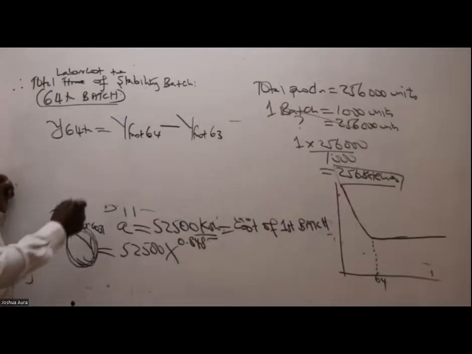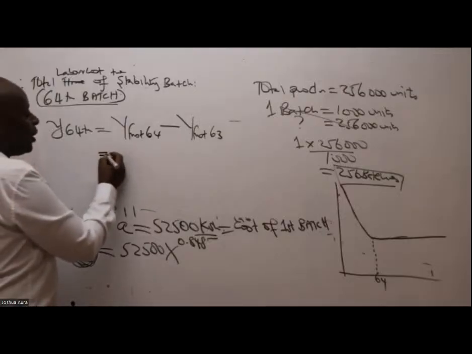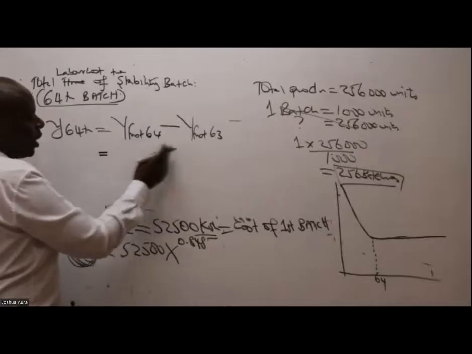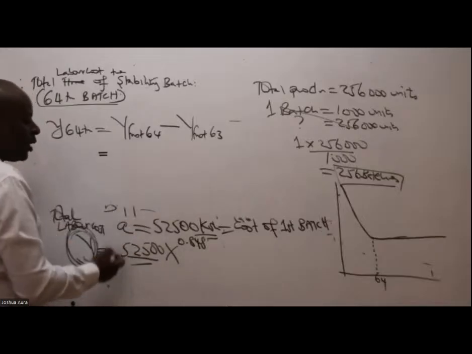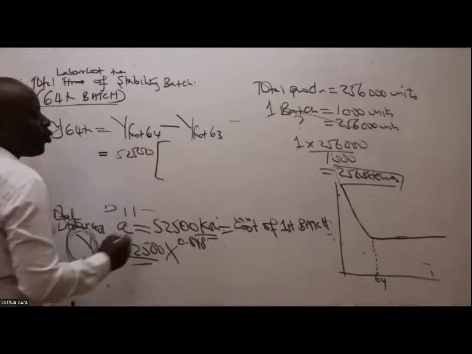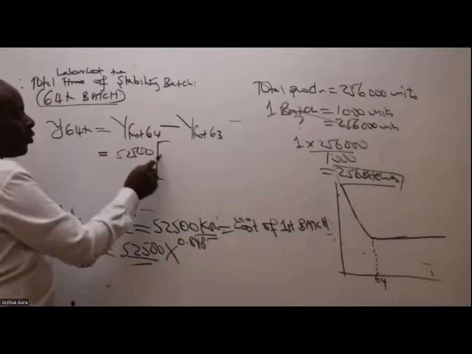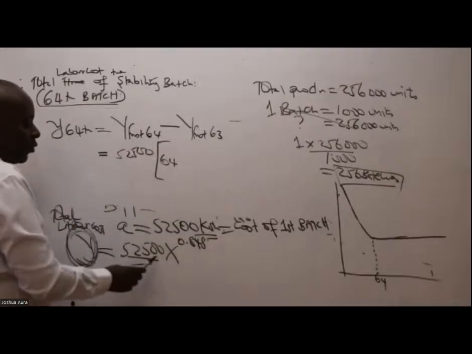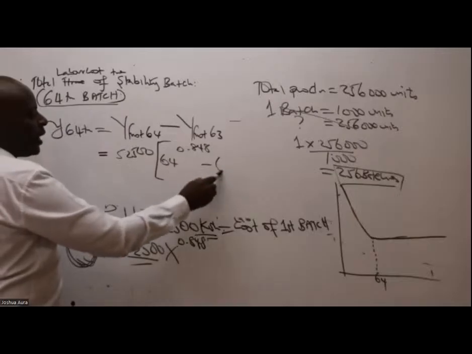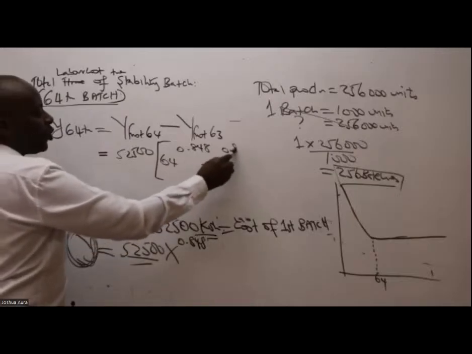So then, ladies and gentlemen, listen to me very well. In this case, y first 64 minus y first 63, I'll put my a outside. My a is 52,500. That is my a into the first 64. So x is 64 raised to 0.848 minus 63 raised to 0.848.